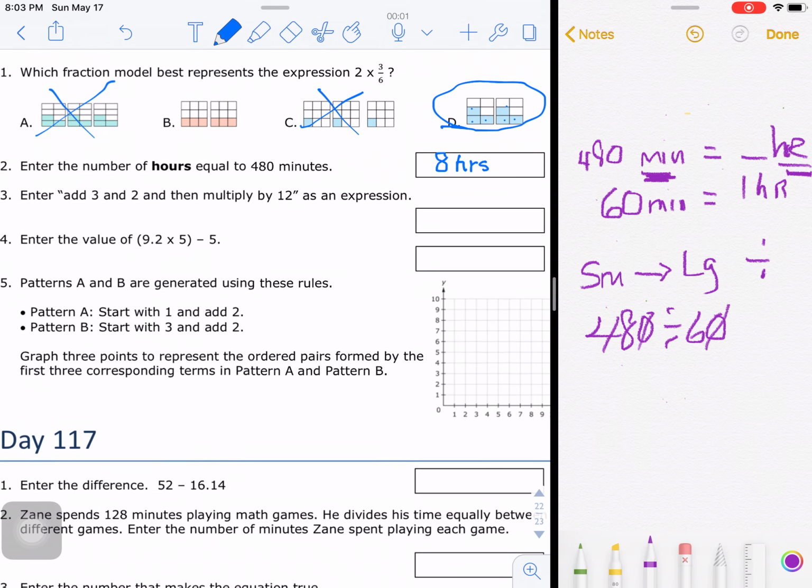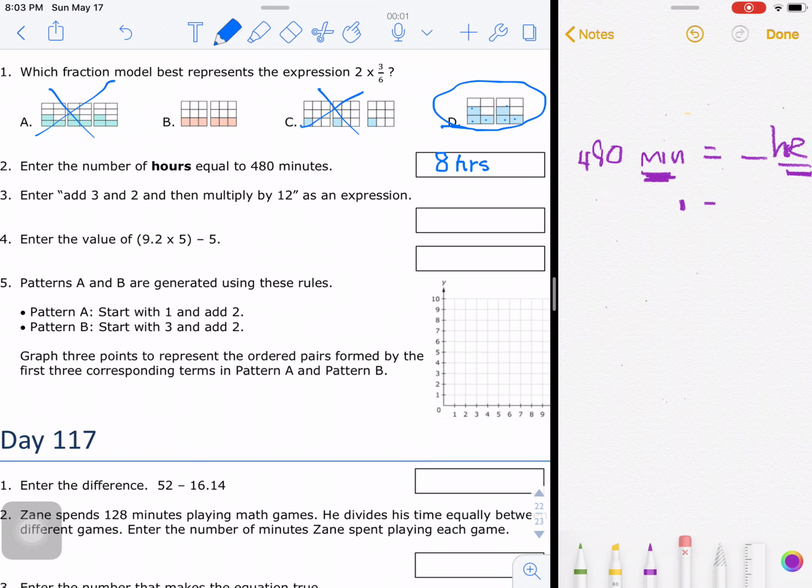Problem number 3. Add 3 and 2, and then multiply by 12, as an expression. So in math, when we do something in an equation, what tells us that we do it first? And that would be, as you all know, parentheses.